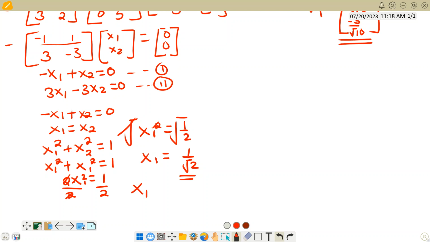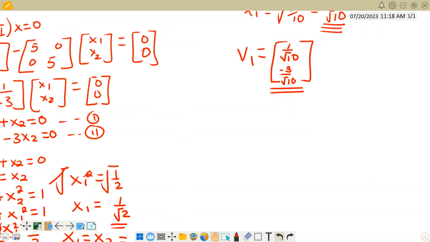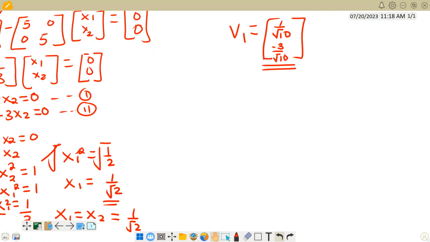But since x1 is equal to x2, it also means that x2 is also 1 over root of 2. So now we can come up with the second vector, which we're going to call vector 2. Vector 2 will be a function of x1 and x2, which is 1 over root of 2, 1 over root of 2.